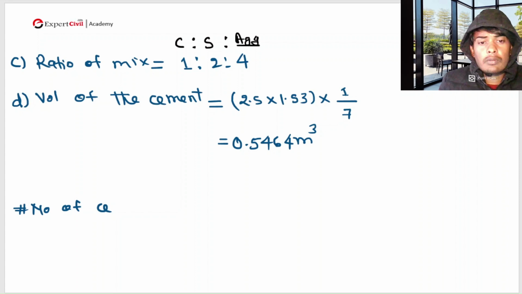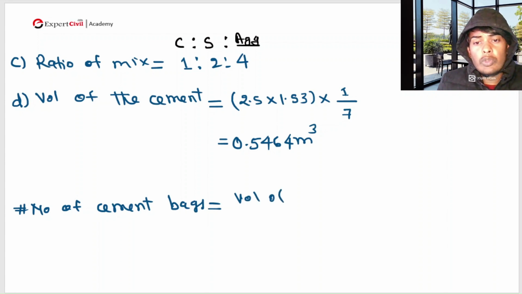Now we will find number of cement bags. So this will become volume of cement divided by volume of one cement bag.